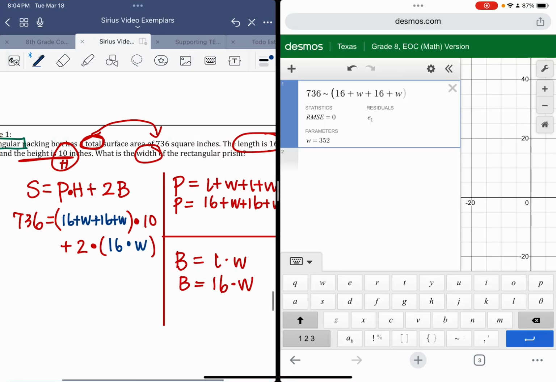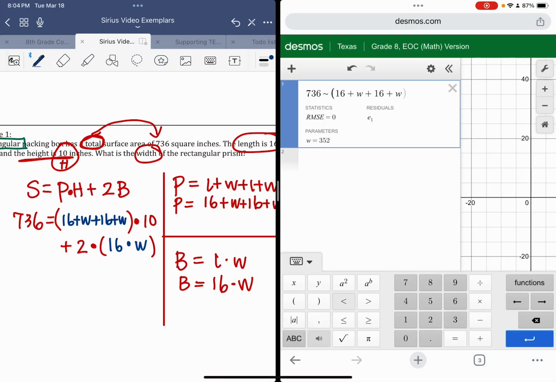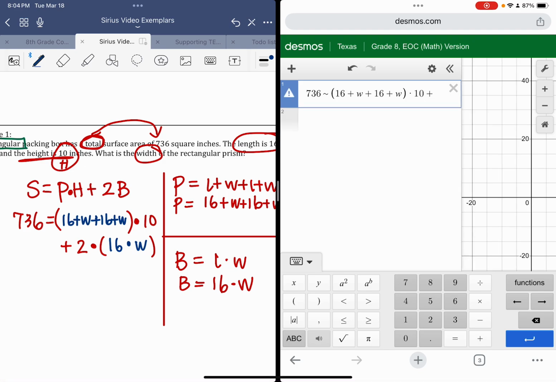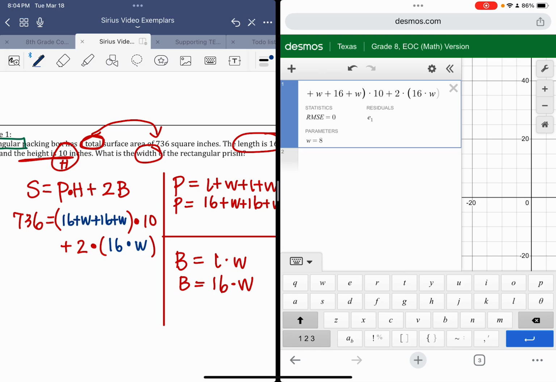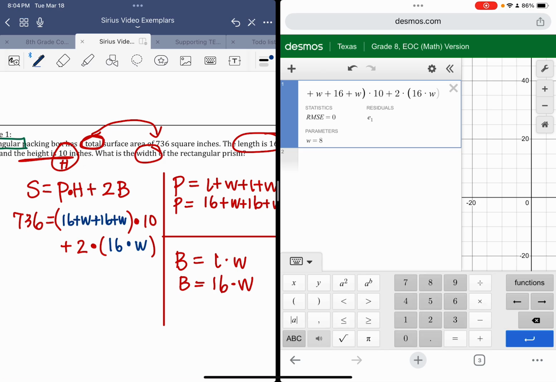Let me make it bigger so everybody can see. And then parentheses times 10 and then plus 2 times parentheses 16 times W, okay? And then parentheses. Oh, here we go.